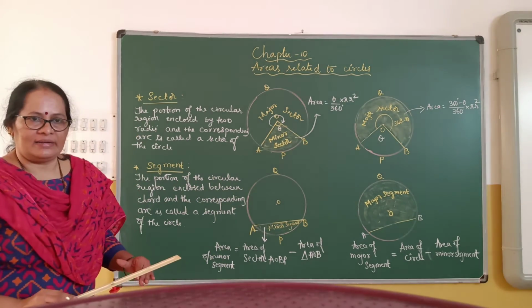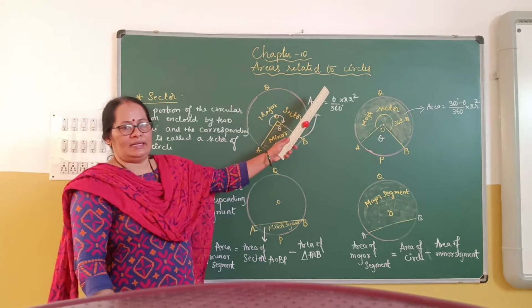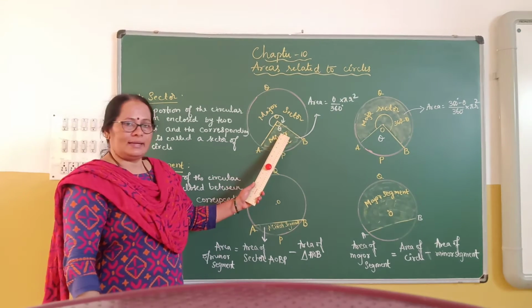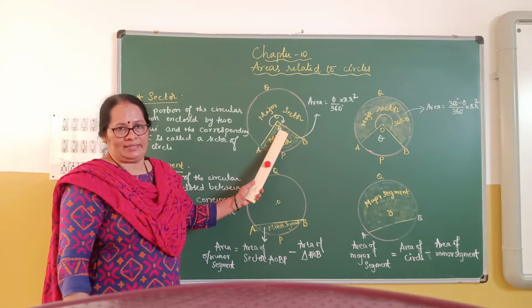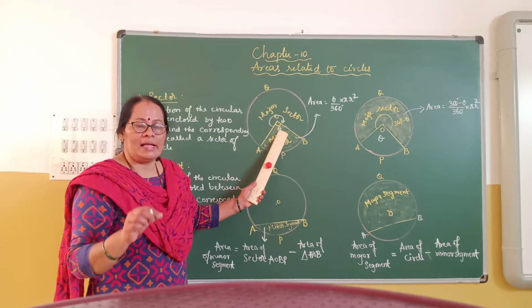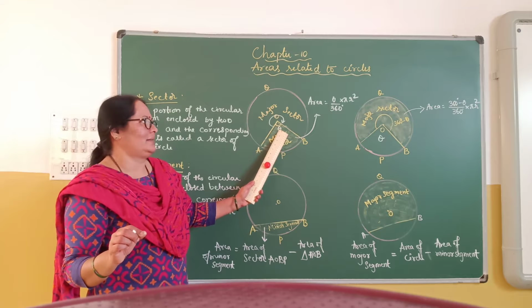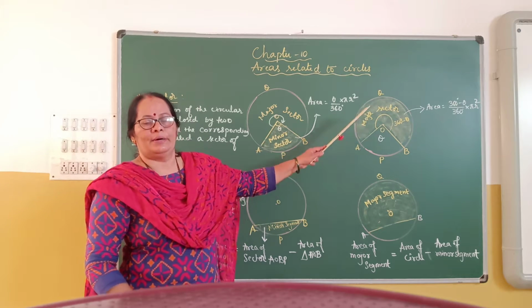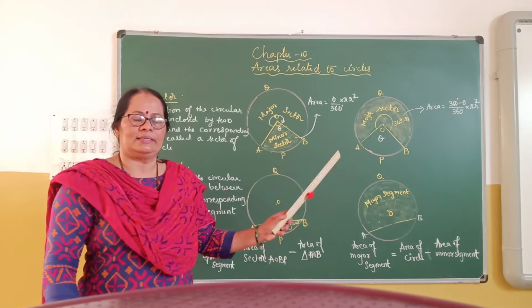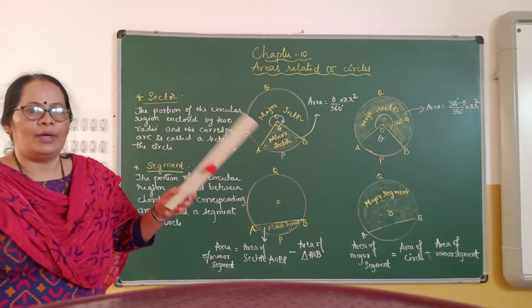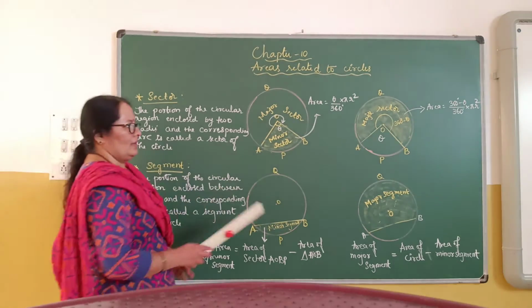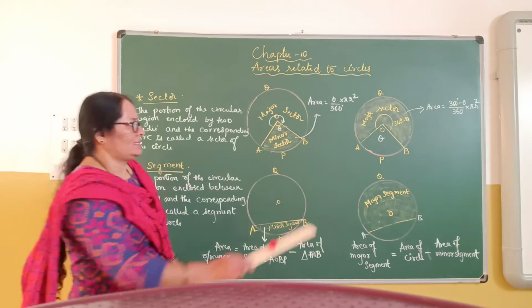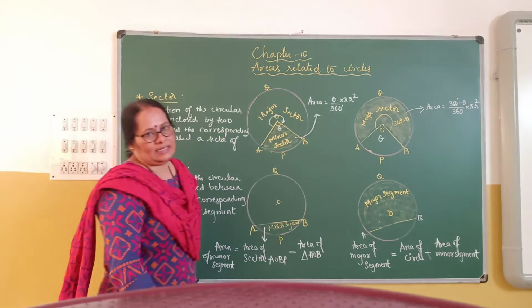For the minor sector, the area is theta by 360 into pi r square, where theta is the angle subtended at the center.